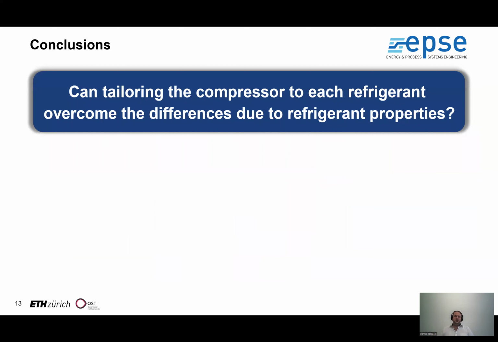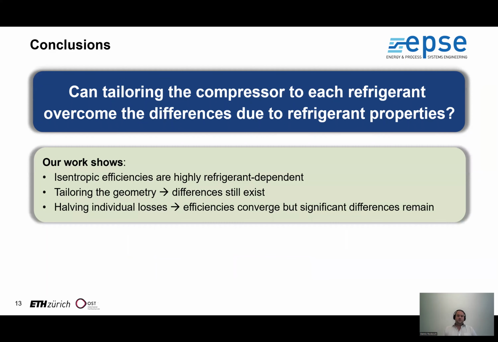So our initial question was if tailoring the compressor to each refrigerant can overcome the differences due to refrigerant properties. And our study shows that first, isentropic efficiencies are highly refrigerant dependent, and if we tailor the geometry to the respective refrigerant, we still see differences between the isentropic efficiencies of the refrigerants.